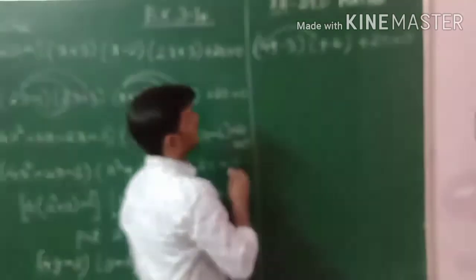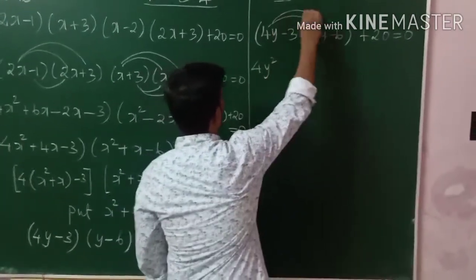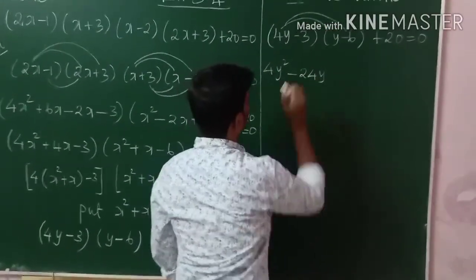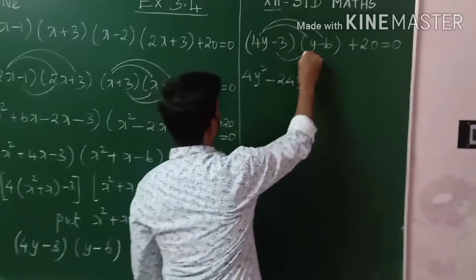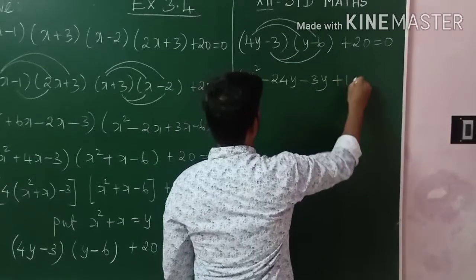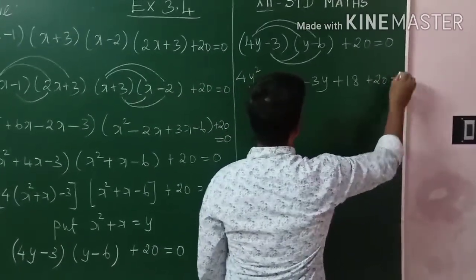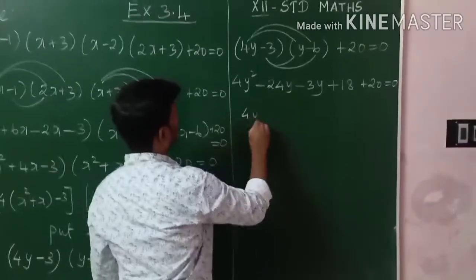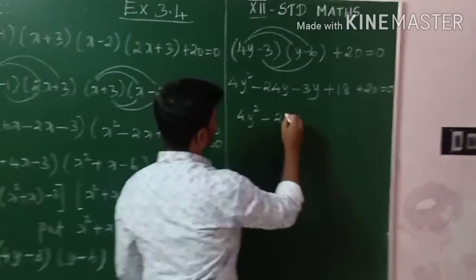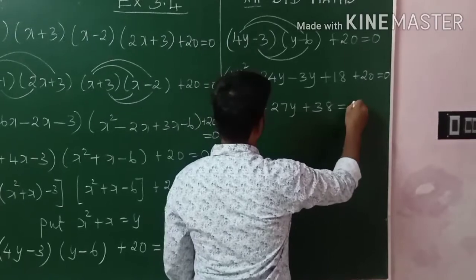So multiply these two factors, 4y into y, 4y square, plus into minus, minus 4 6s are 24, 24 into y is what? 24y. Then minus into 3y, minus 3y, minus into minus plus, 3 6s are 18, plus 20 equal to 0. So 4y square minus 24y minus 3y, minus 27y, plus 18 plus 20, plus 38, equal to 0.